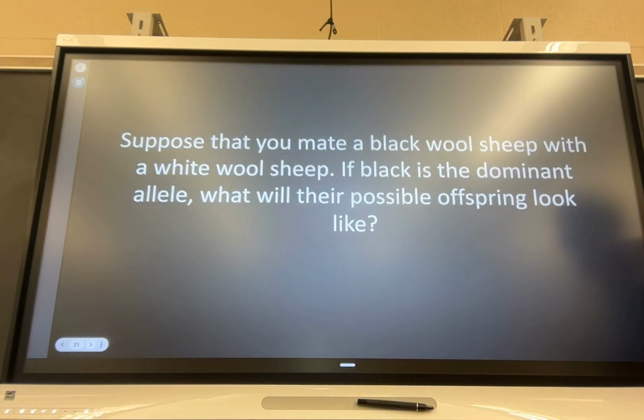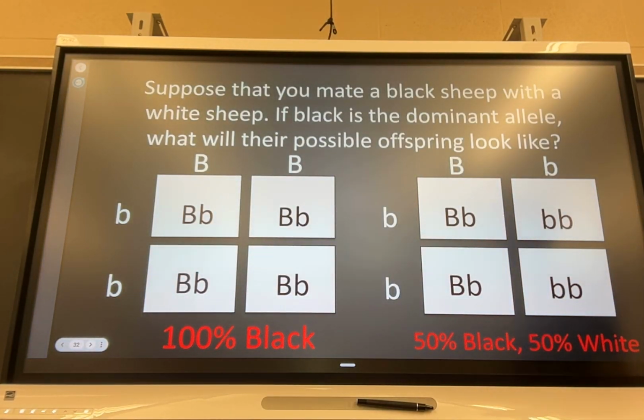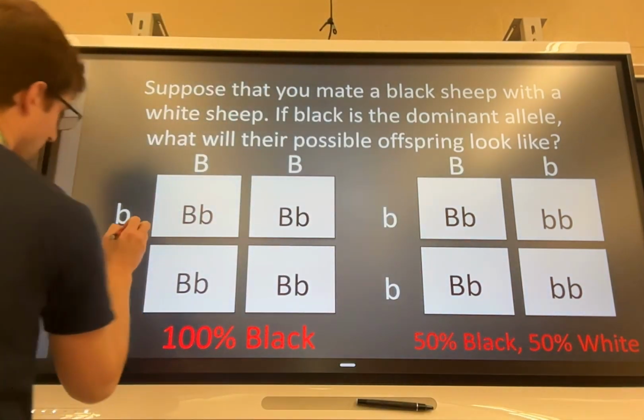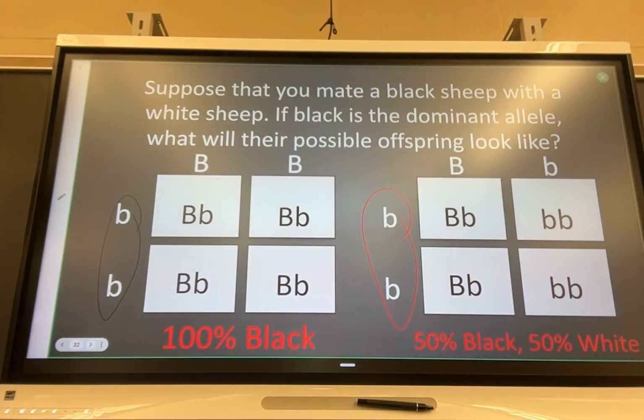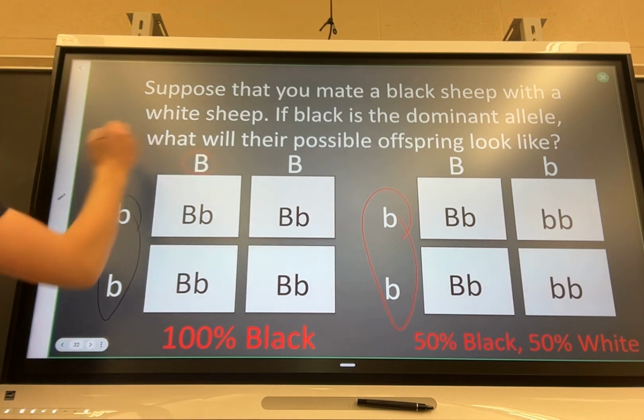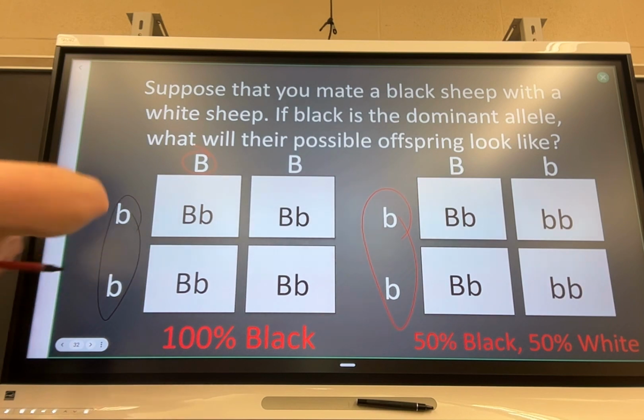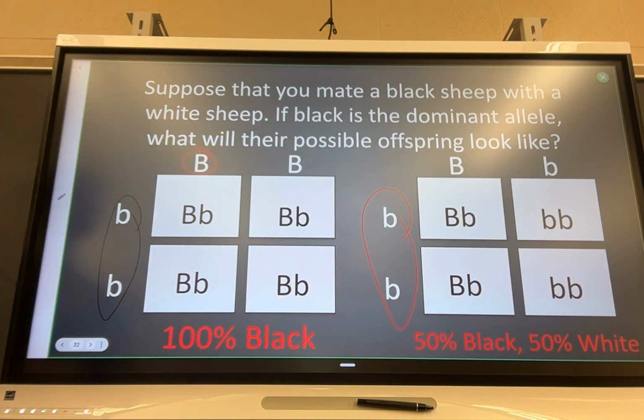So your Punnett squares should look something like this. If we cross a white sheep, regardless, it's going to carry that little b, little b. Both options have this dominant trait, however. So if we cross a homozygous dominant, we are always going to get a black sheep, 100% of the time.